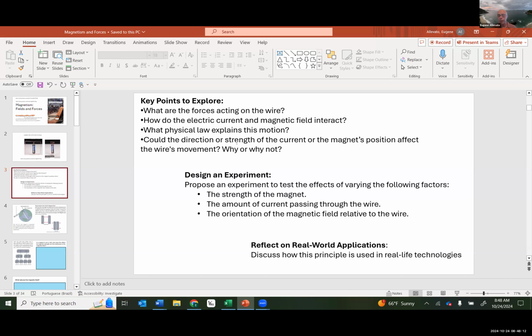In order to start moving, you have to apply a force, okay? And when we apply the force, it starts moving. We're dealing with electricity here, and certainly we have electric current going through the wire because we connect the positive and negative side of the battery. The battery has a potential difference, and with that, it's going to produce a current on the copper wire.